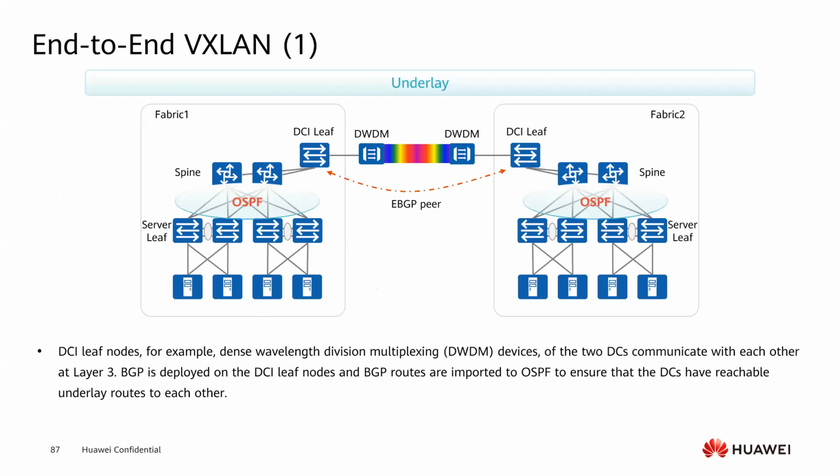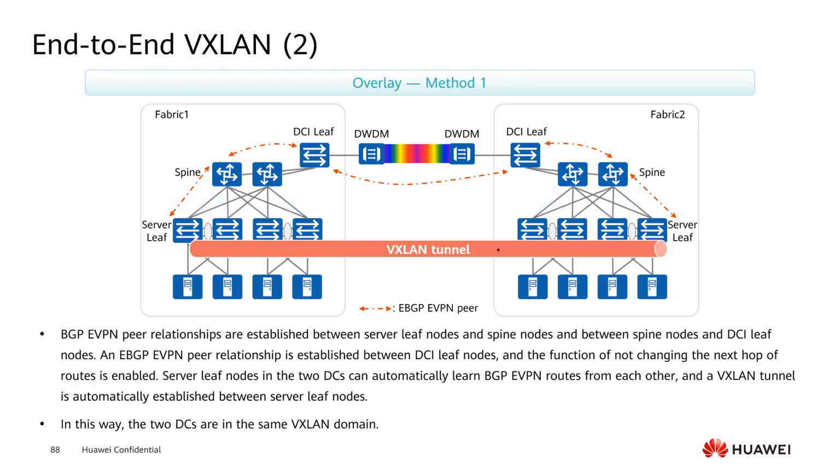So maybe we can use BGP. On the DCI leaf we can use eBGP, and inside the fabric we can use OSPF, and then import the OSPF routes into eBGP, so that the VTEPs will have routes sent to each other.